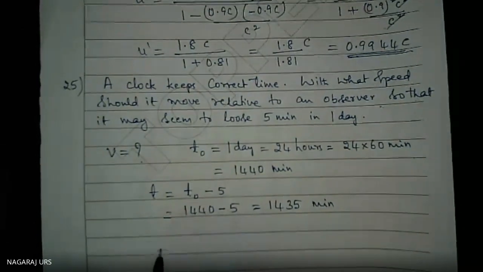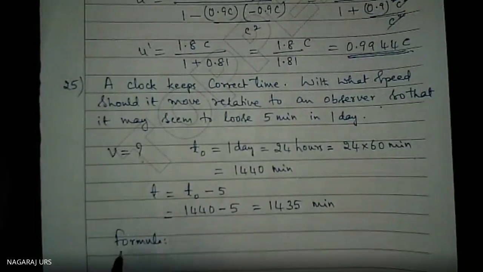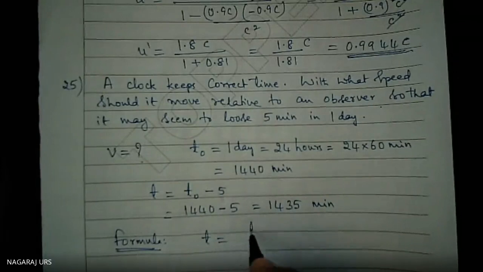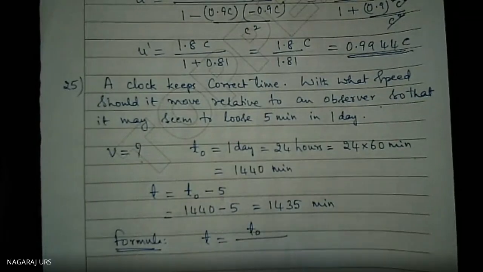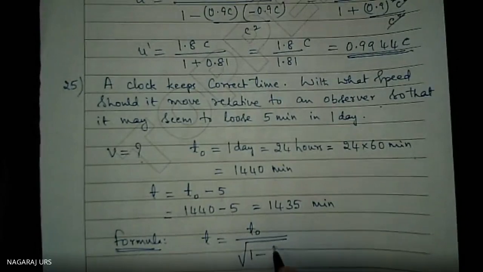Okay, the formula, which is a constant formula: T is equal to T naught divided by square root of 1 minus V square divided by C square.